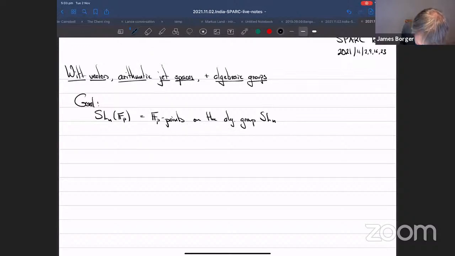And as I think I said in the abstract, we're beginning with the question: suppose you have this finite group, SL_N of Z mod p^r Z. Does this equal the F_p points on an algebraic group?